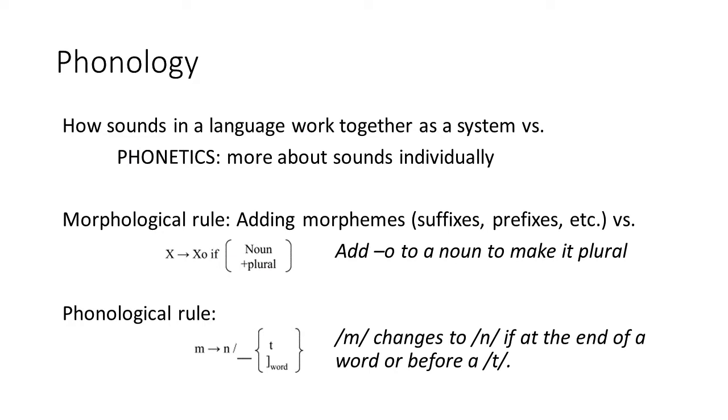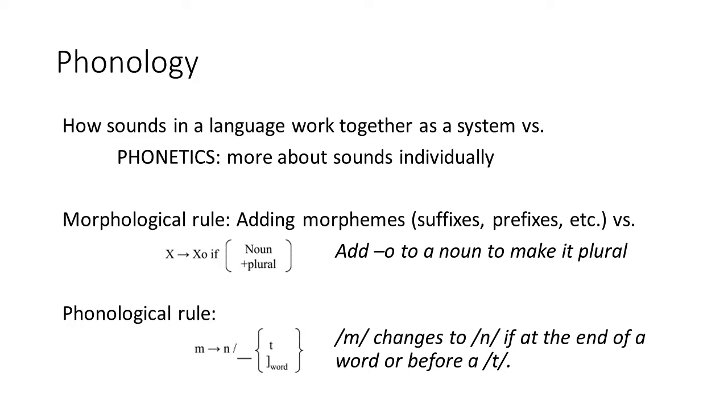or how it interacts with sounds around it or with parts of a different word around it within a specific language. So just to give a very basic definition of a morphological rule, morphology is more about constructing words, things like morphemes, suffixes, prefixes, infixes, all those kinds of things. So this is just an example of what a morphological rule is going to look like.